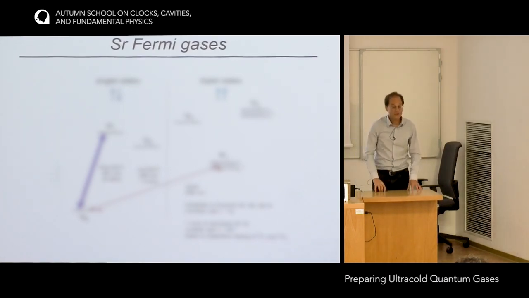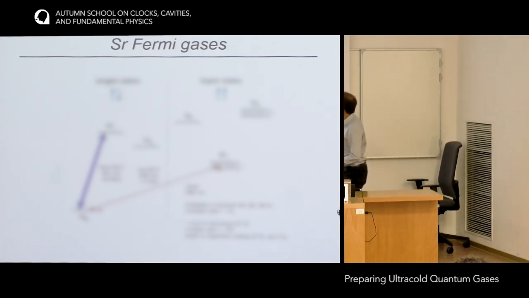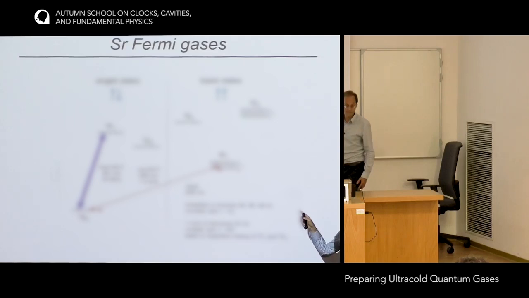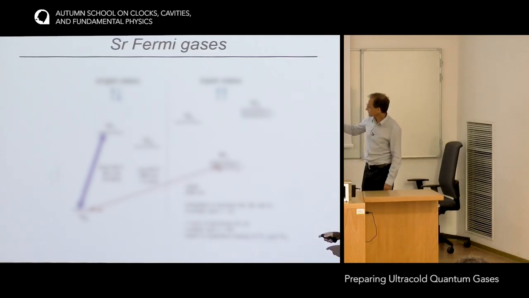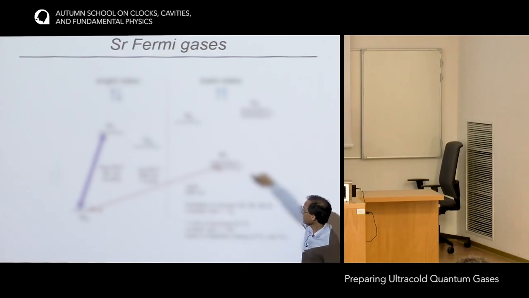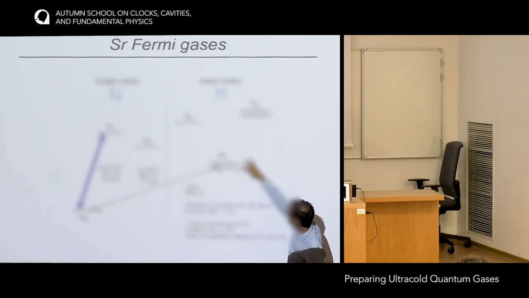Now, in bosonic strontium, this transition is forbidden if you don't do anything like applying a magnetic field or so. Yeah, an electric dipole transition just can't do it. In fermionic strontium, you do have a nuclear spin, and this nuclear spin gives rise to hyperfine structure, and it mixes all these 3P states with each other.